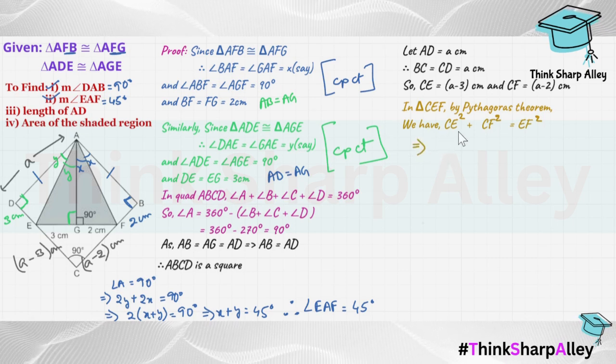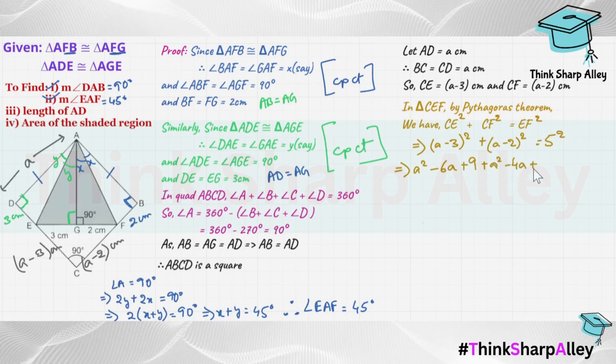So if we apply Pythagoras theorem, we have CE square. So CE is already a minus 3 whole square plus CF square, which is a minus 2 whole square, and EF square, that is 5 square. Now if I solve this, we'll expand it using formula a minus b whole square, both the parts, right? So we are getting a square minus 2ab, that is 6a, plus 3 square, that is 9, plus over here a square minus 4a plus 4 equals to 25.